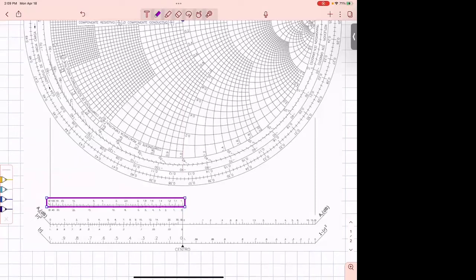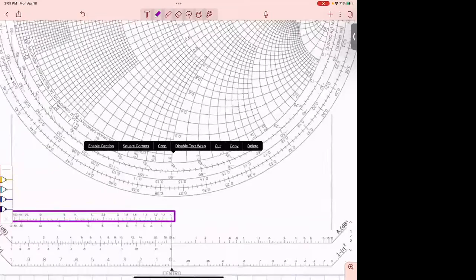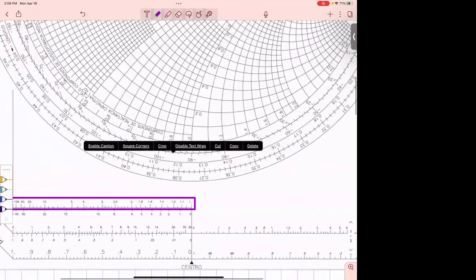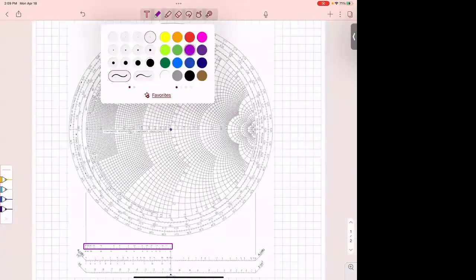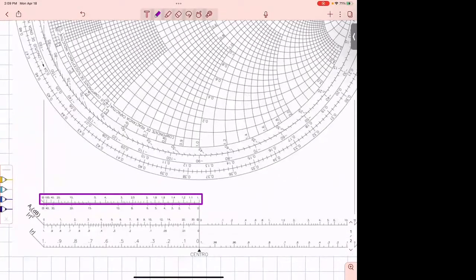all right. We use this to measure the VSWR.